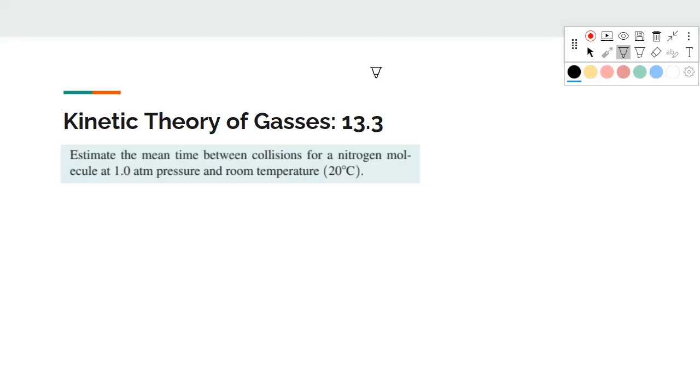So this problem is, I think, a nice example of a combination of a couple of the things we've been doing. They want the mean time between collisions. If you remember that velocity is just a distance over a time, then this is going to be some sort of distance over some sort of velocity. Since they want the average time between collisions, we want to understand how far molecules go in a gas before they collide.